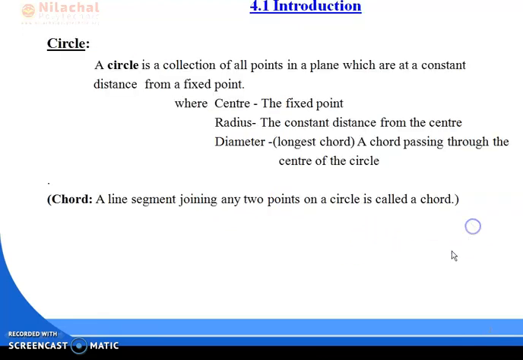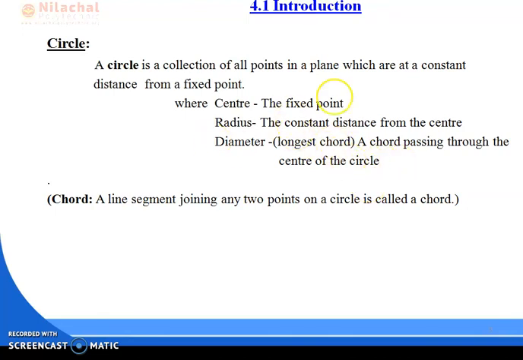Let's start. What do you mean by circle? A circle is a collection of all points in a plane which are at a constant distance from a fixed point, where the fixed point is called the center, the constant distance from the center is called the radius, and diameter is the longest chord, or you can say the chord on the circle which is passing through the center of the circle.